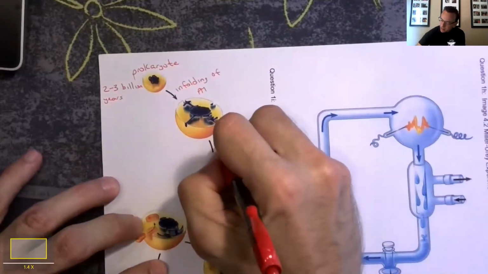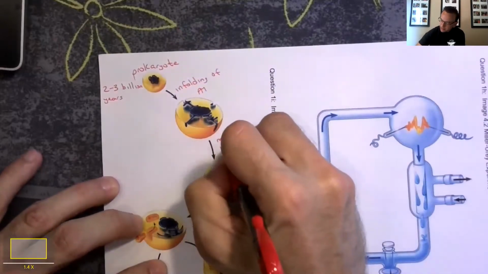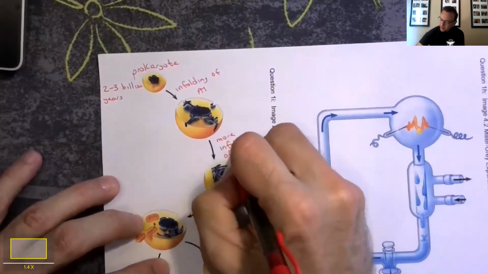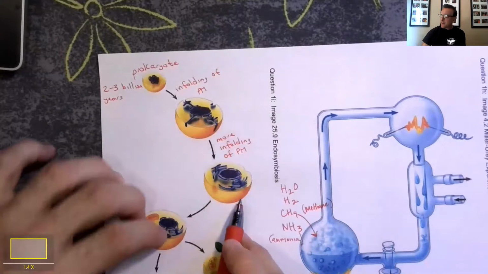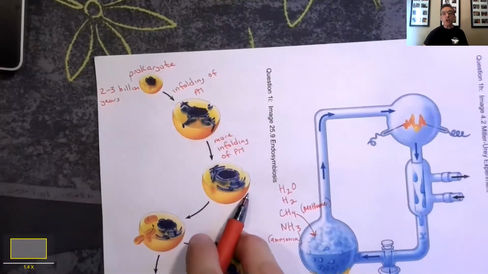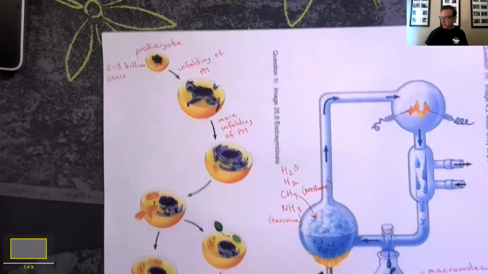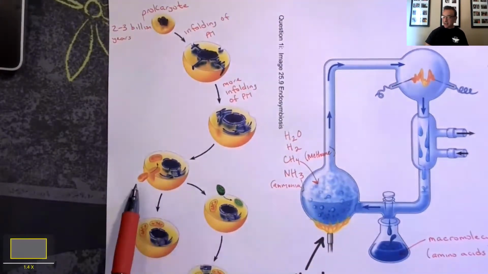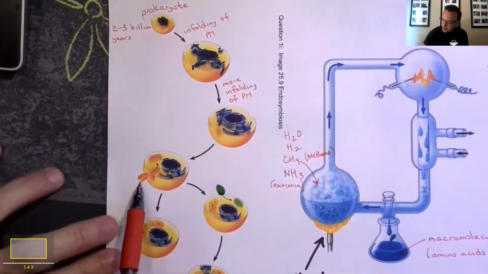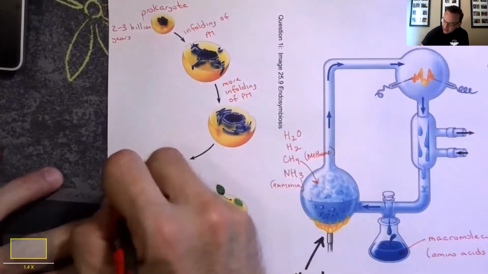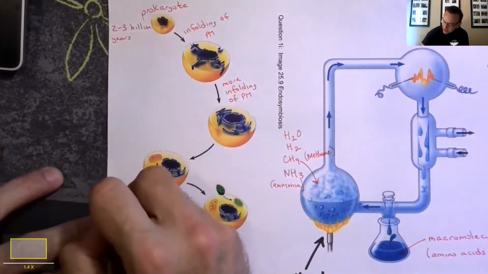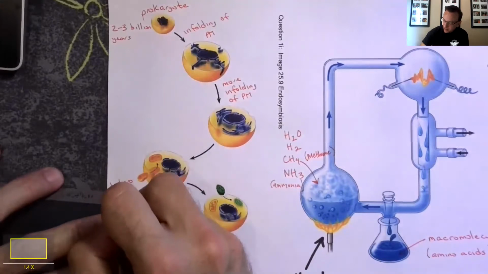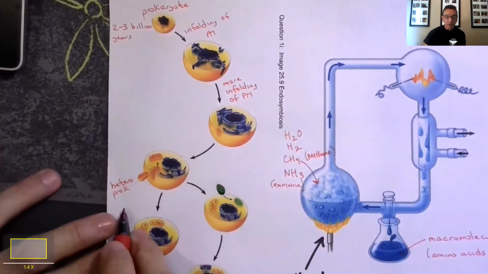You then get more infolding of the plasma membrane. This leads to the formation of other organelles, rough ER, smooth ER, Golgi body, vesicles, vacuoles, okay? Here's the engulfing process, okay? This is the mitochondrion here. So this is your heterotrophic prokaryote here, right?